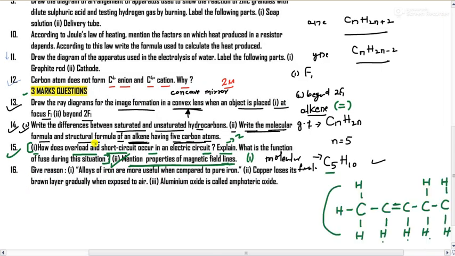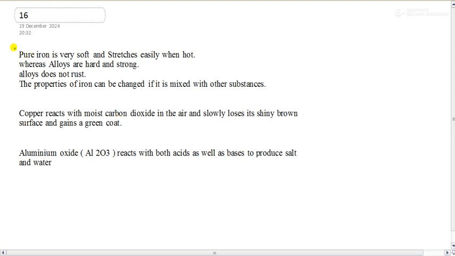Now the last question, it is of give-reason type. The first one says alloys of iron are more useful when compared to pure iron. Why? What is the reason? So here is the answer.